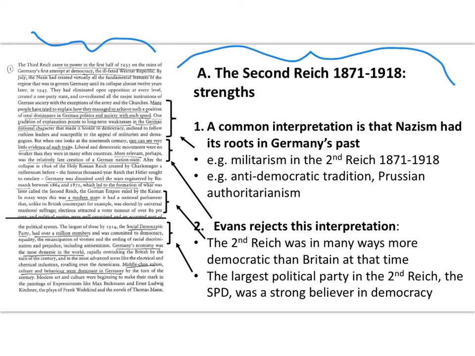There's the common interpretation. Nazism had its roots in Germany's past. Evans talks about the militarism of the Second Reich. Okay, you know that. Okay, that Germany was created by the Prussian war machine. Nazism had militaristic characteristics. It valued war. It was very authoritarian in its approach, like the army.